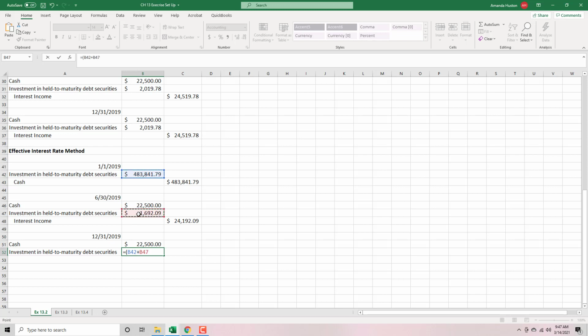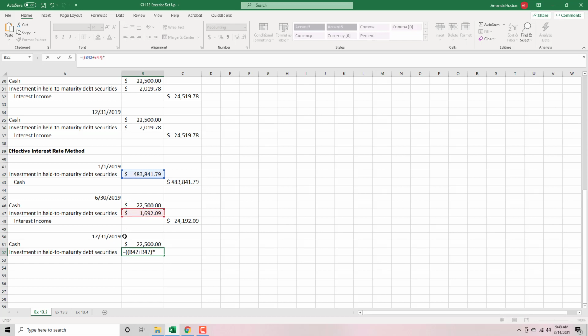So I'm going to get equals 2 parentheses. I'm going to add these two up, the 483 plus the 1,692.09 that we added to it in the first problem. We're going to multiply that by the effective interest rate, multiply that by 0.5, and then subtract the cash we received.